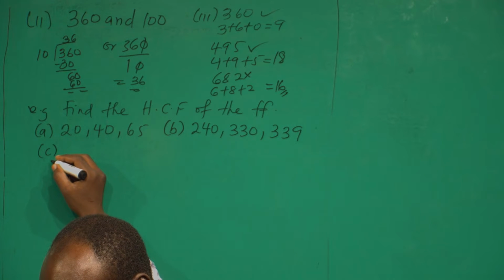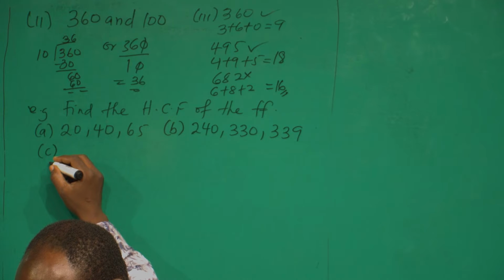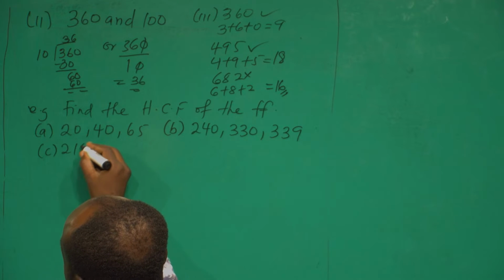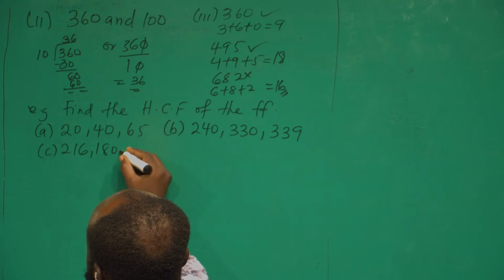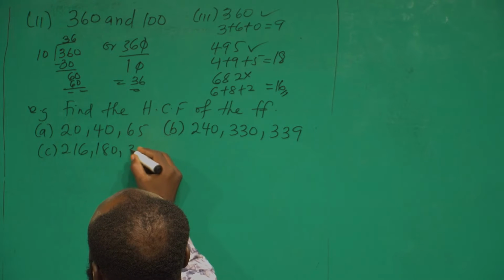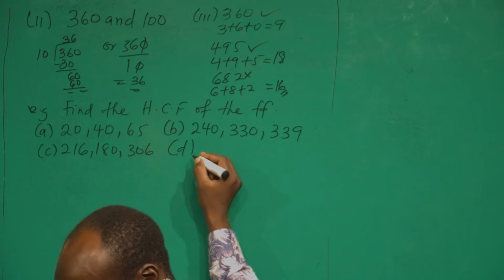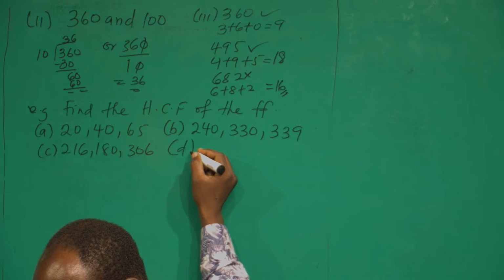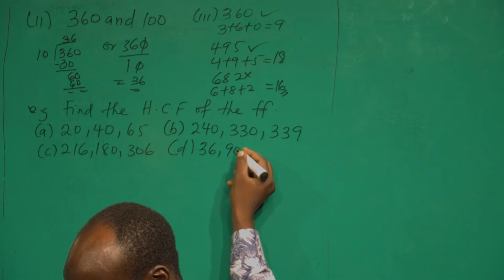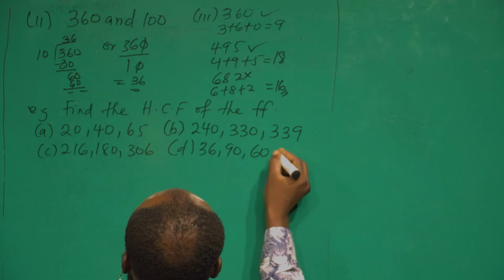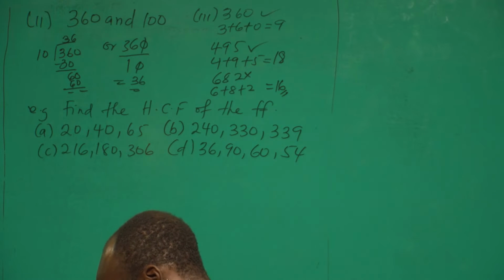C, 216, 180, 306. D, 36, 90, 60, 54. Okay, so we have been asked to find the highest common factor of the following numbers.